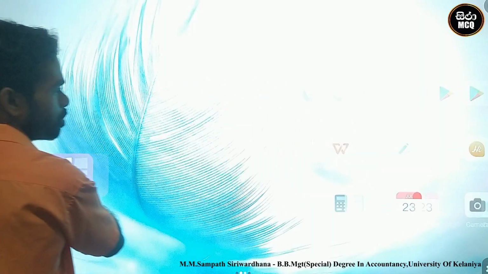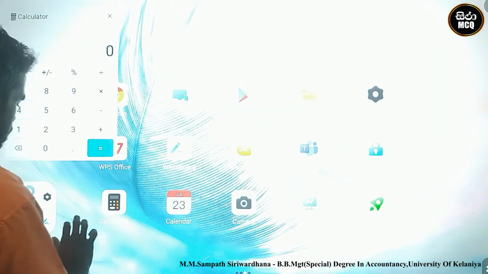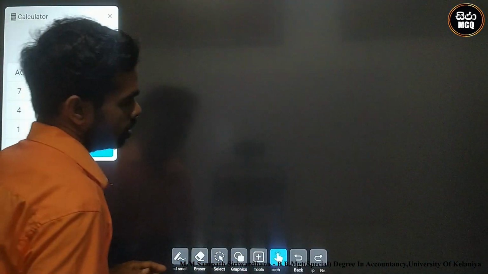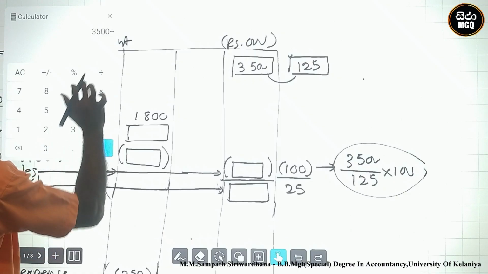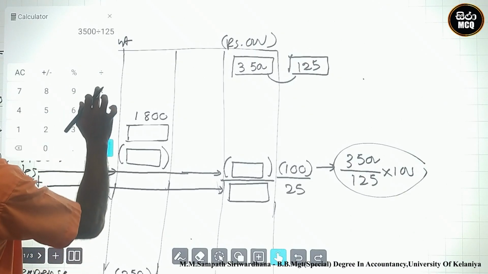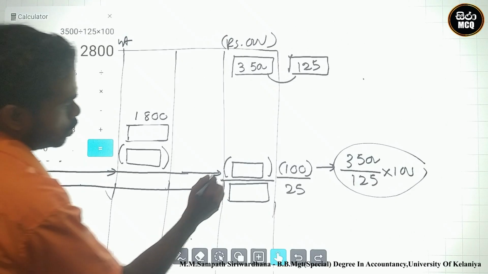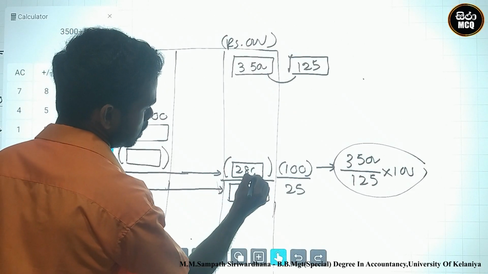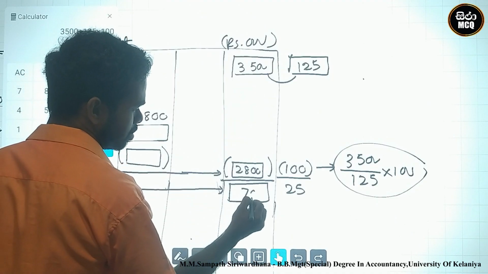We can use the calculator. 3500 divided by 125 multiplied by 100. The answer is 2800. We can easily find the gross profit, 700.